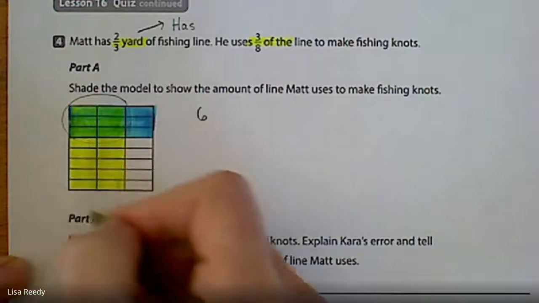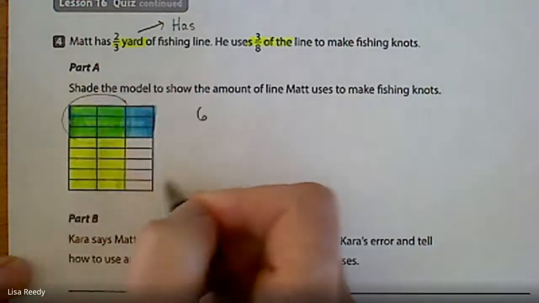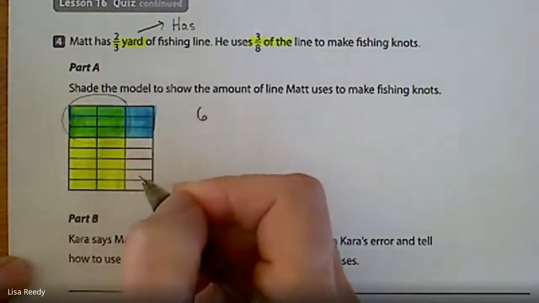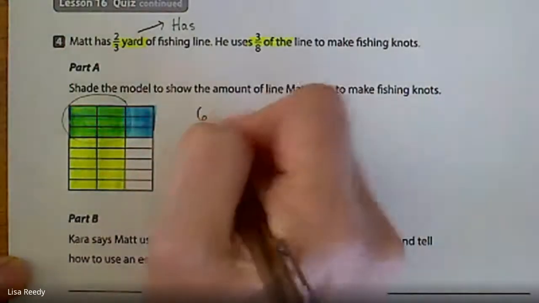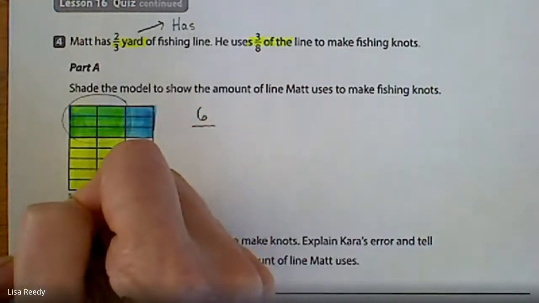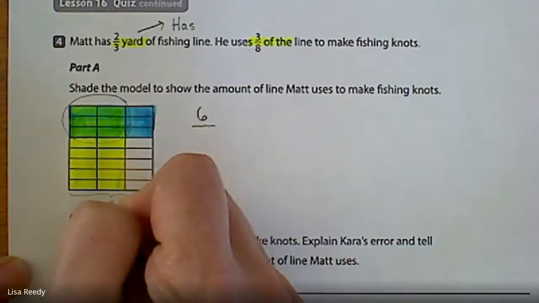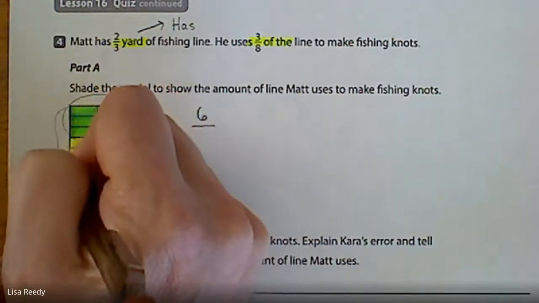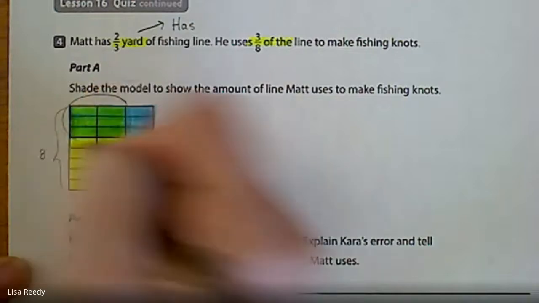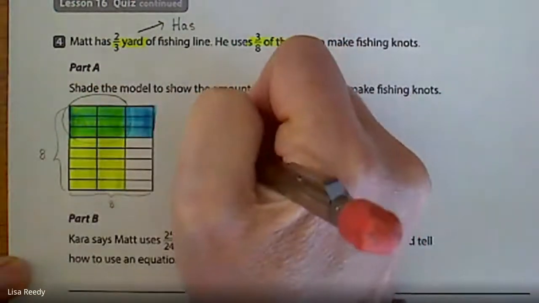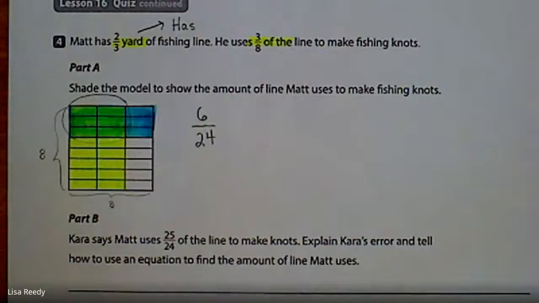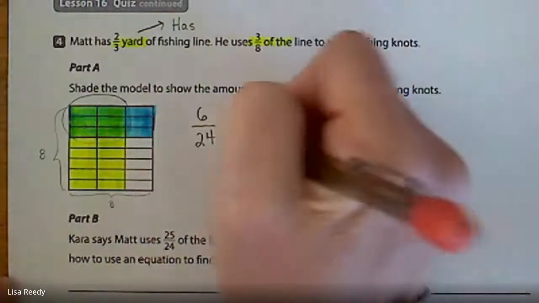And then you have to give the answer out of the total number of equal size pieces in the whole. In this one, it is 3 by 8. So that is 24 total pieces. So that is shading the amount to show how much he used for fishing knots. 6/24 of the fishing line.